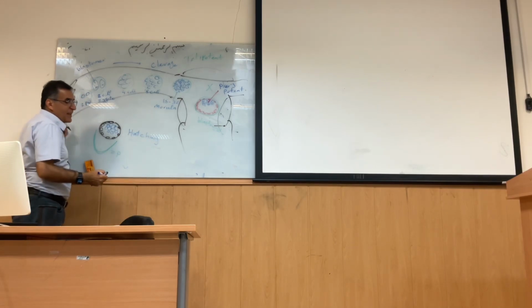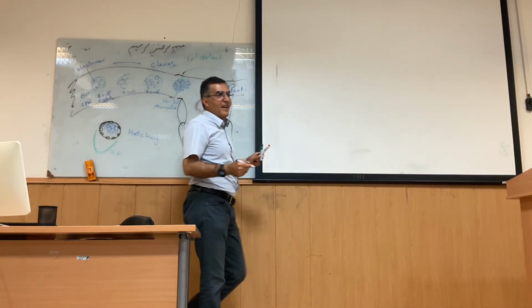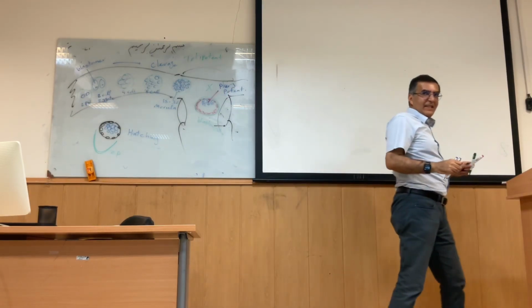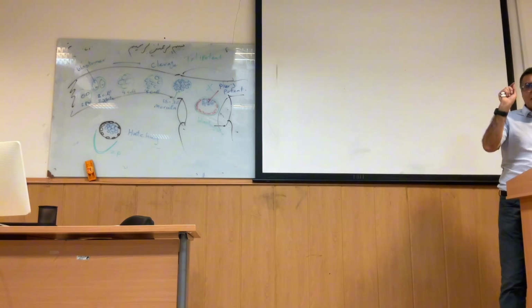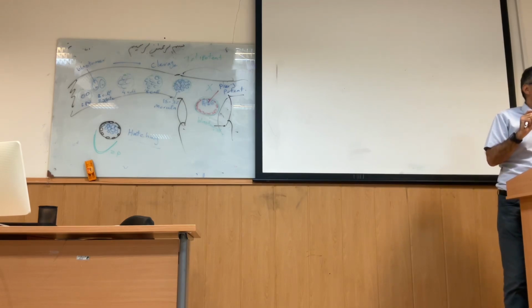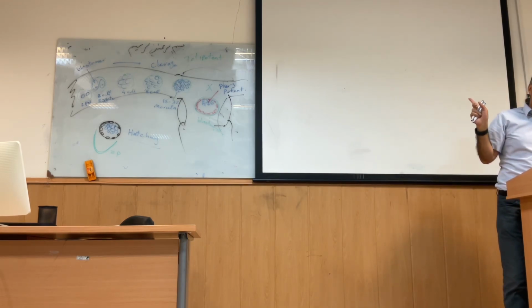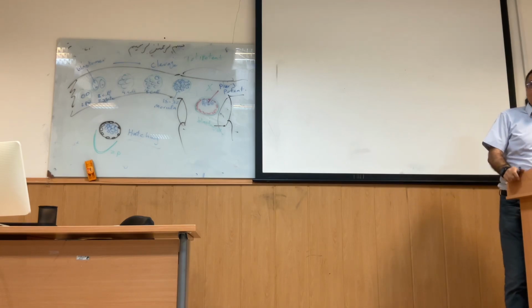It looks like a chicken: when the shell of the egg is broken, the chick comes out. The embryo does hatching, coming out from the ZP.